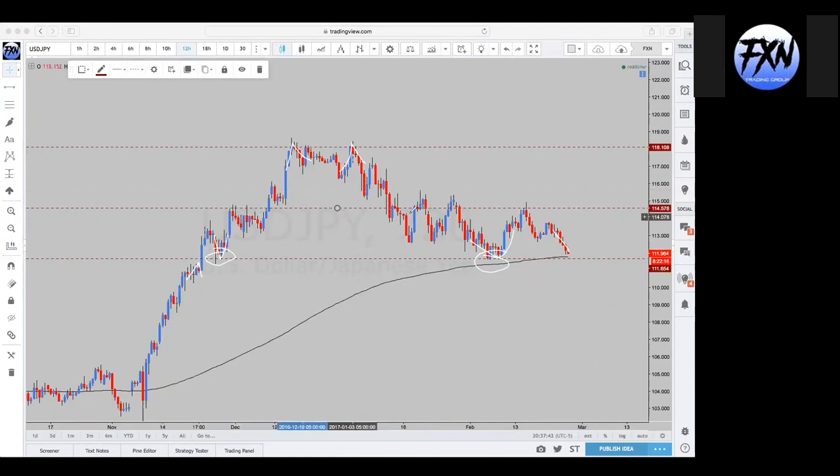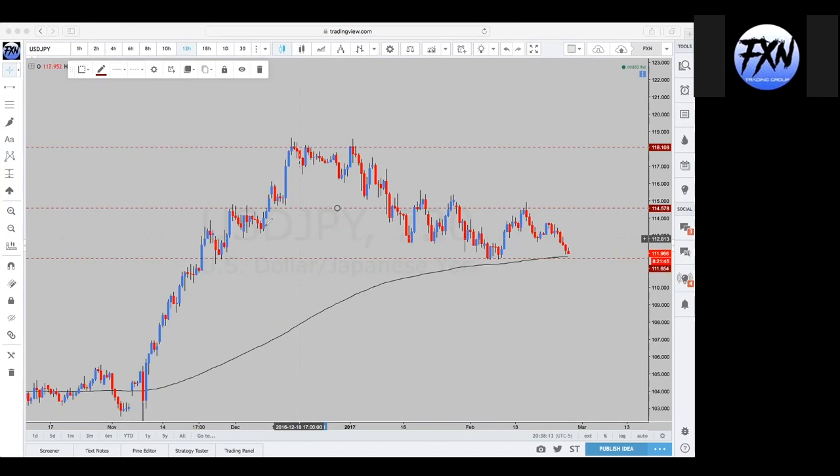And as far as this line in the middle, we have rejection here, rejection here, and then we have false breakouts, rejection here, false breakouts, and we get stuck here. So that's why I drew that line there. And that's essentially going to be it for this one.